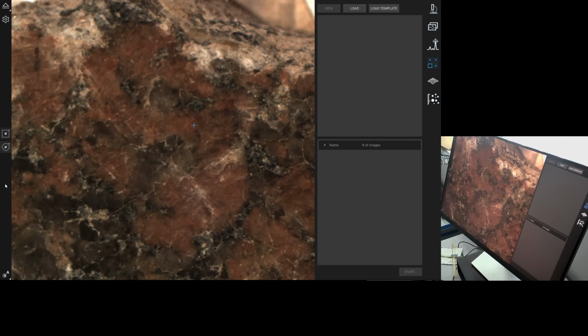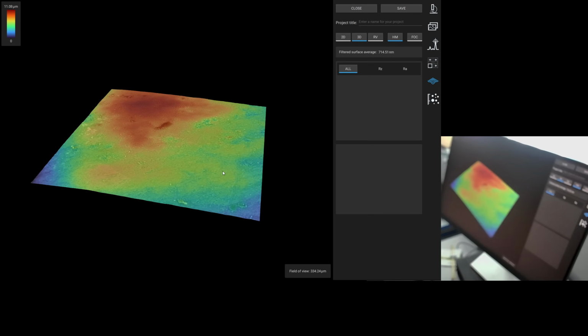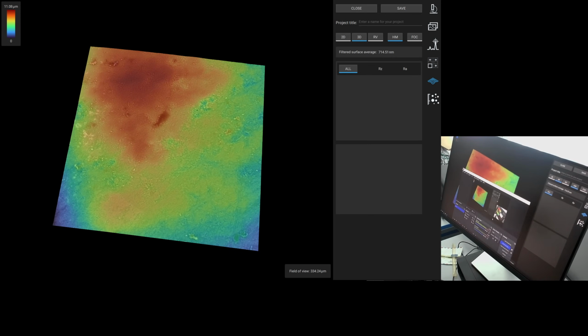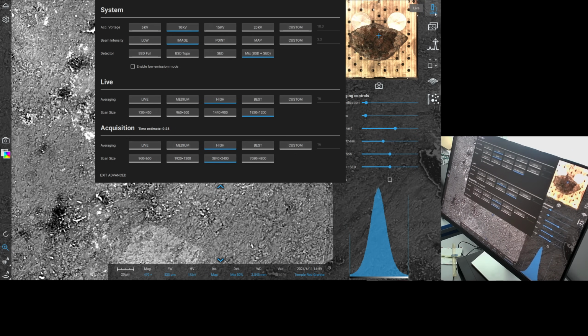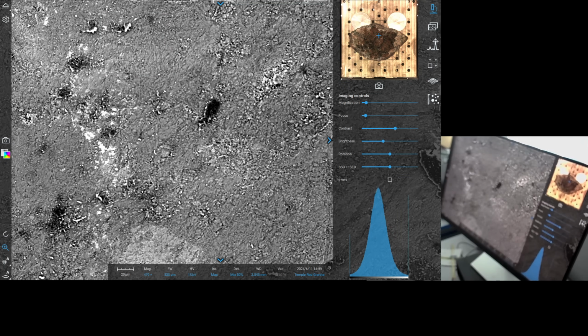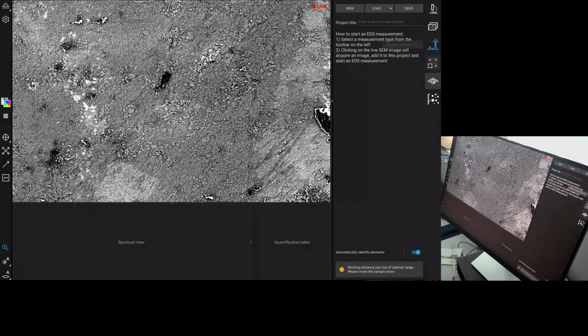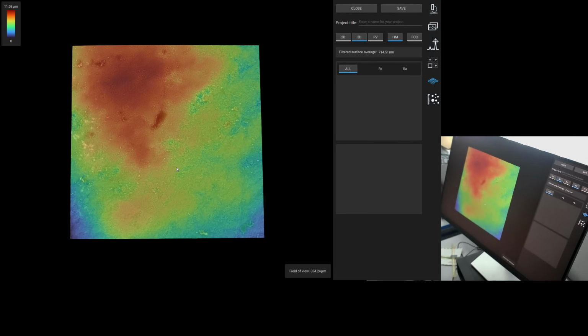Okay. And there we go. So I guess the bit here might be just something on the surface that's actually raised up there. Might be a piece of detritus.